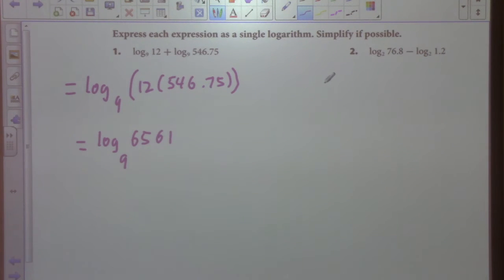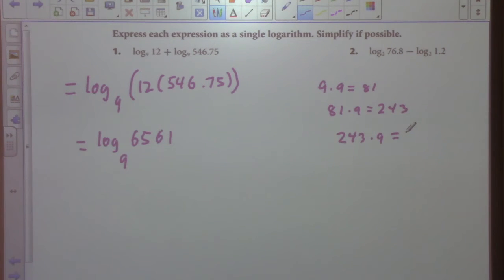Well, 9 times 9 is 81. 81 times 9 is 243. 243 times 9 is 2,187.